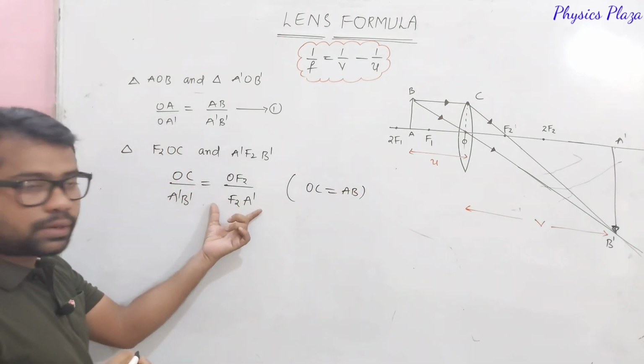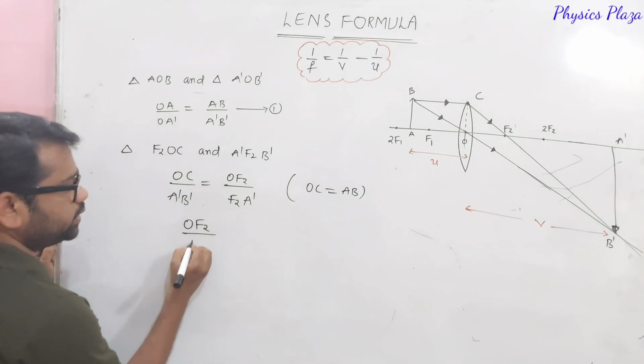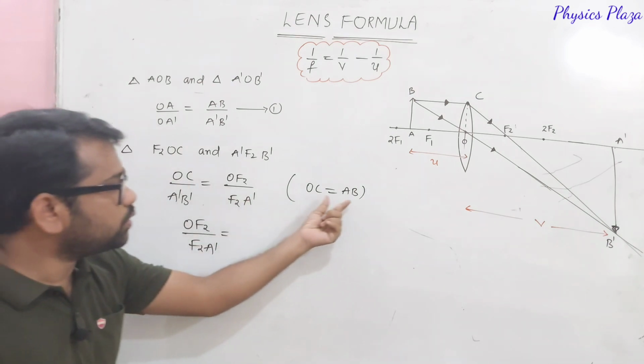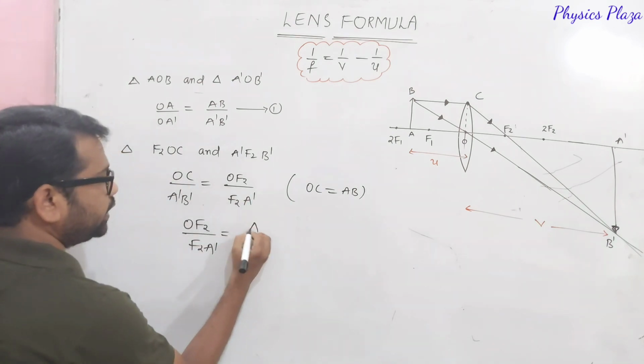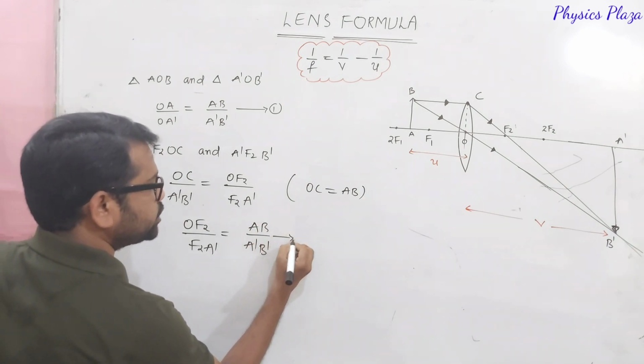So in the place of OC we write AB. So OF2 by F2A' is equal to AB by A'B'. It is equation 2.